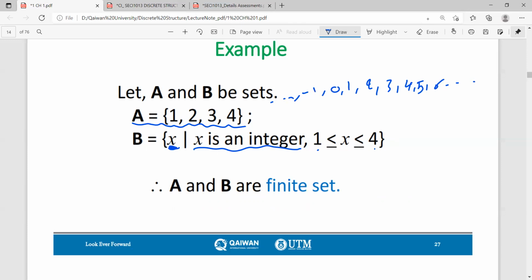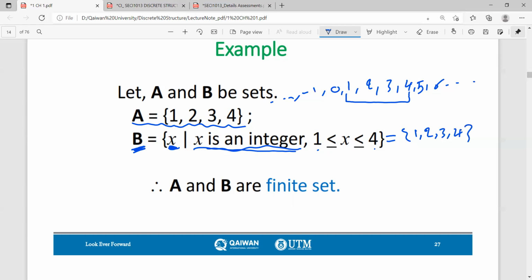B is the set of integers which are greater than or equal to 1 and less than or equal to 4. That means 1 and 4 are included. We have these 4 elements in the set B, so it equals 1, 2, 3, and 4.